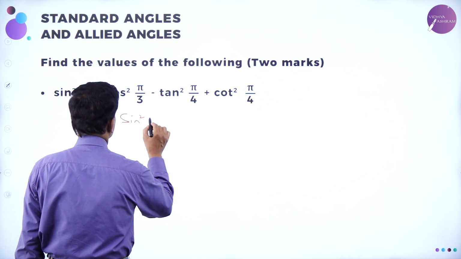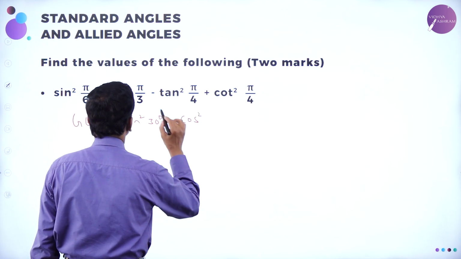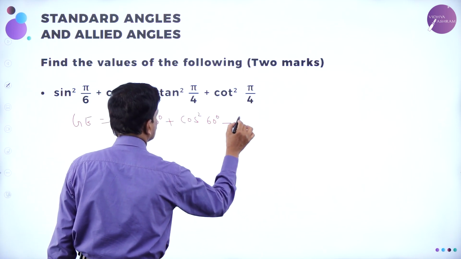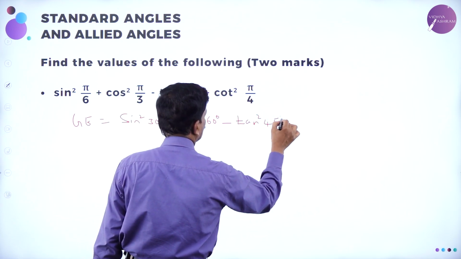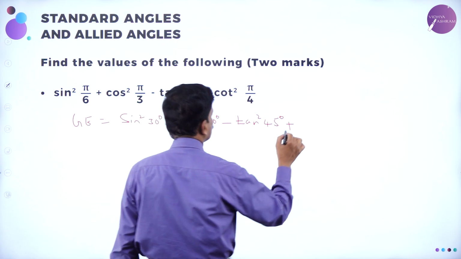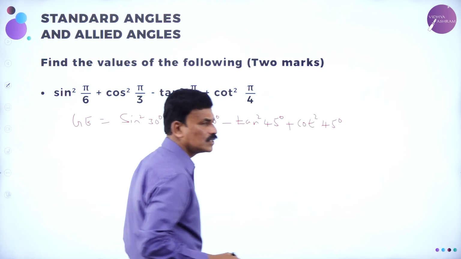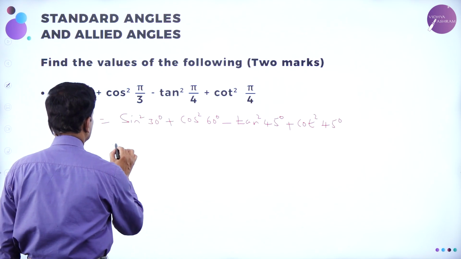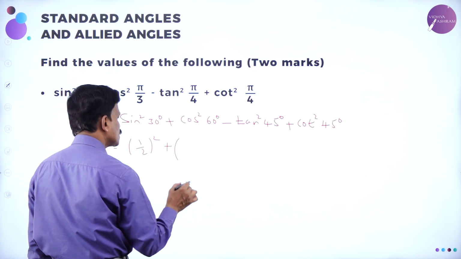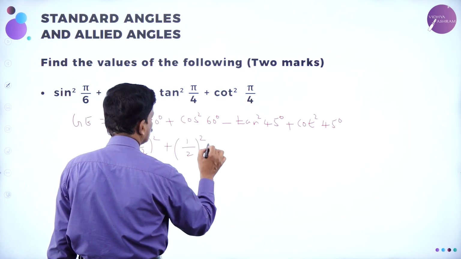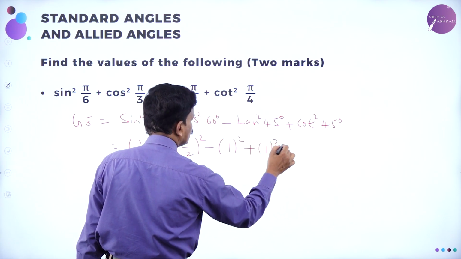Pi by 6 is nothing but 30 degrees, plus cos square, pi by 3 is nothing but 60 degrees, minus tan square pi by 4, which is nothing but 45 degrees, plus cot square pi by 4, which is also equal to 45 degrees. Now, what is sin 30? Sin 30 is (1 by 2) whole square. Cos 60 is also equal to (1 by 2) whole square. Tan 45 is 1, plus cot 45 is 1.